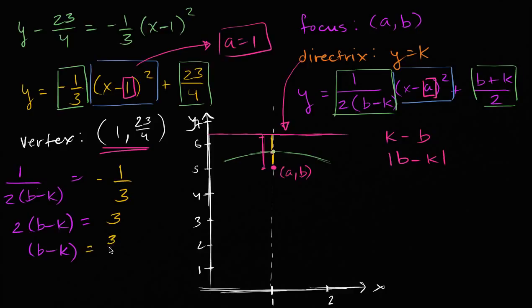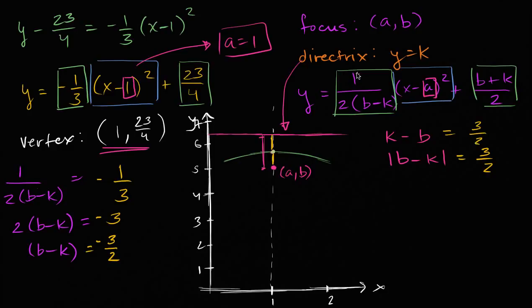Oh, let me make sure, it has to be a negative 3. So this has to be negative 3/2. And so if you took the absolute value of b minus k, you're going to get positive 3/2. Or if you took k minus b, you're going to get positive 3/2.